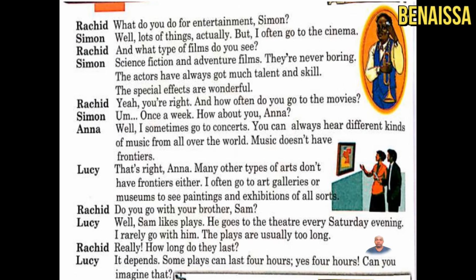Read the dialogue again. باش استخراج كلمات. For example, again, this one. Always, is always. Often. Sometimes. Rarely.